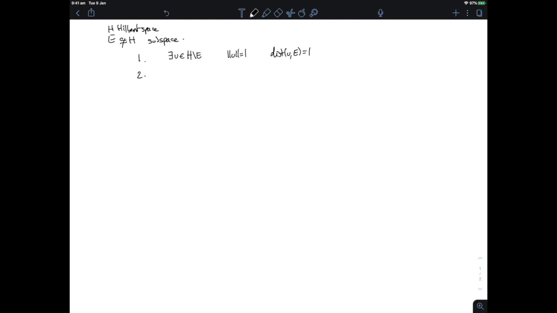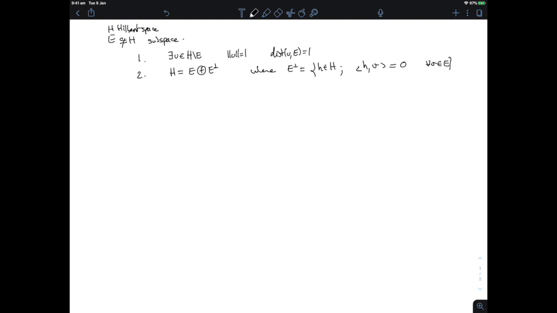And the second thing we're going to prove is that H splits into the orthogonal sum of E and E perp, where E perp is the set of all those vectors in H that are orthogonal to anything in E.